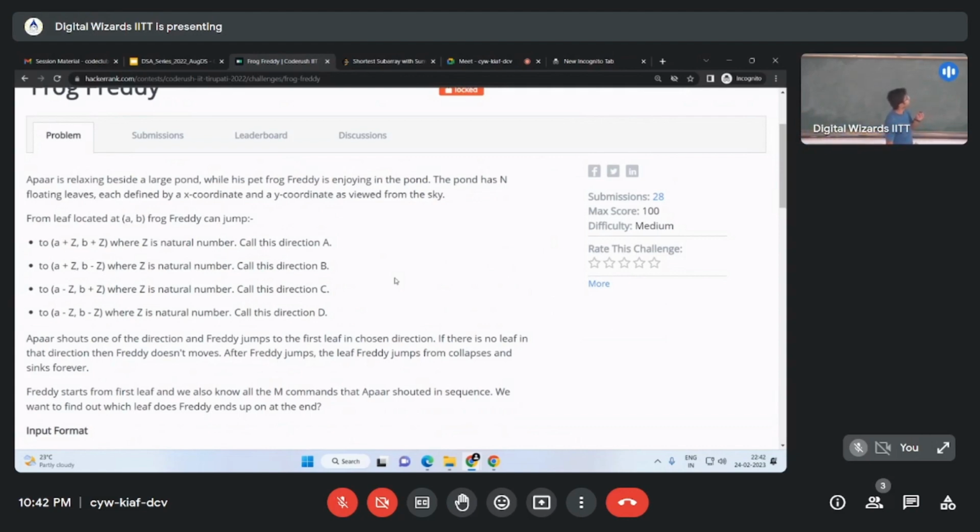So let me just give you a gist of this whole question. It says there is a collection of leaves there, denoted by an array of pairs. So let's say you have an array of pairs containing x1, y1, x2, y2, and so on. Consider the top element.